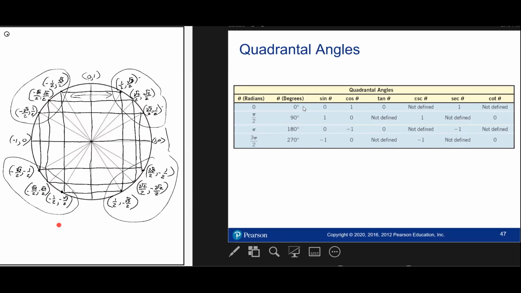And since on the unit circle, the cosine of theta and the sine of theta are your x and y values, the sine of 30 degrees, which is this angle here, is 1/2, where the cosine of that angle is square root of 3/2.